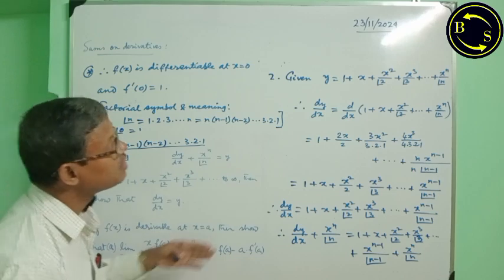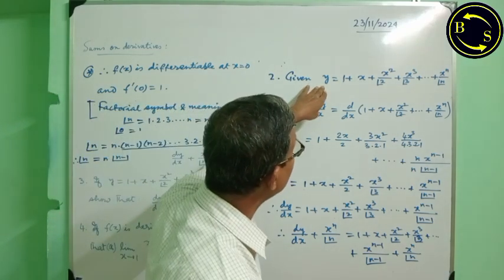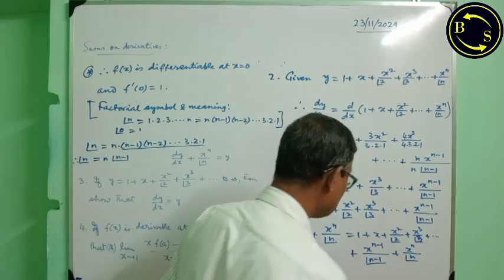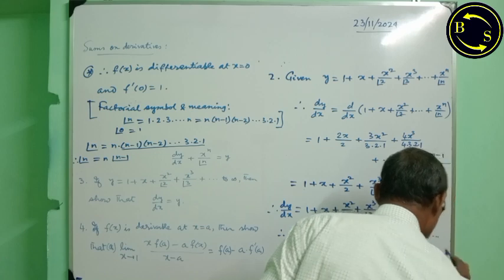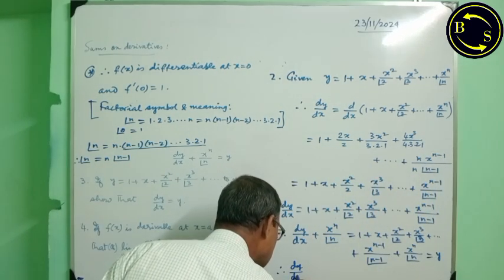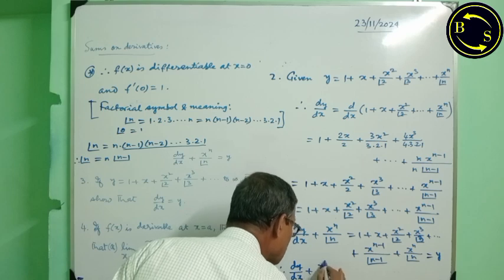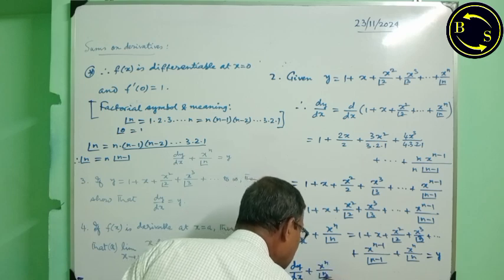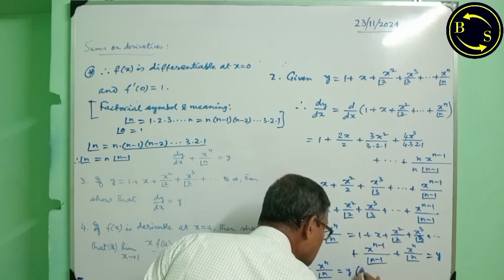Now, as per this information, this is y, that is equal to y. Therefore, dy dx, final step is this, plus x to the power n by factorial n is equal to y. Proved.